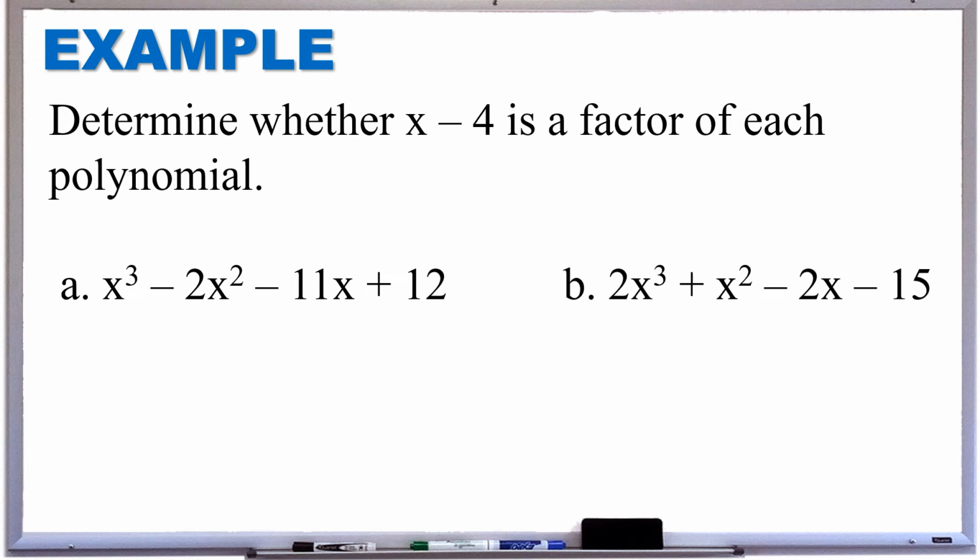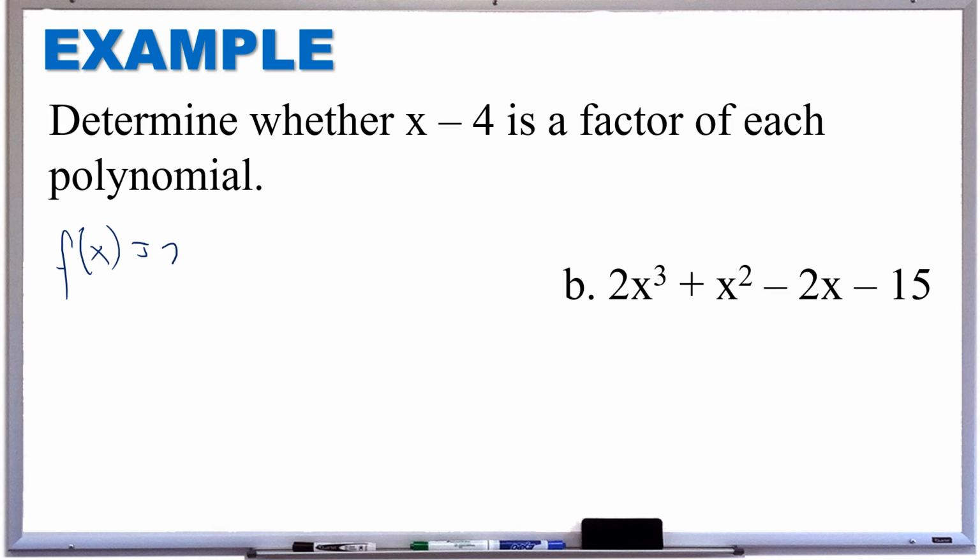How about the second example, letter B? Is x minus 4 a factor of 2x cubed plus x squared minus 2x minus 15? We are going to check. We let f of x equal 2x cubed plus x squared minus 2x minus 15.